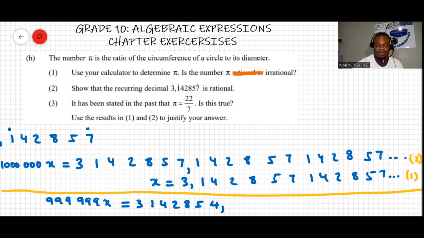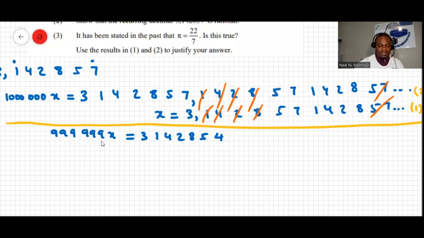The rest simplify, because 1 minus 1, 4 minus 4, 2 minus 2, etc., up to there. So all this simplifies to 0, and the answer will be this. Now, we can work out x if we divide both sides by 999,999. Then x will be equal to, let me use a calculator.